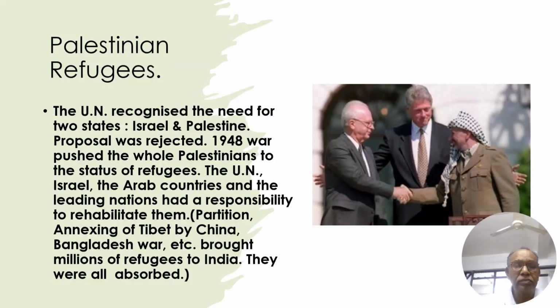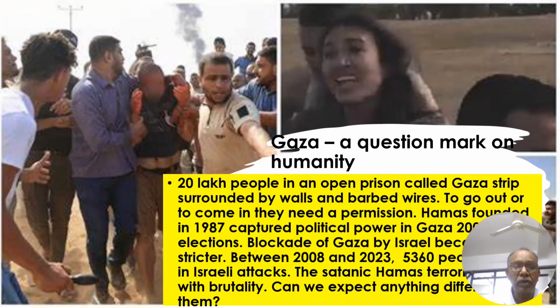Gaza, a question mark on humanity. 20 lakh people in an open prison called Gaza Strip, surrounded by walls and barbed wires. To go out of or to come in, they need a permission. Hamas was founded in 1987. They captured political power in Gaza by the 2006 elections.